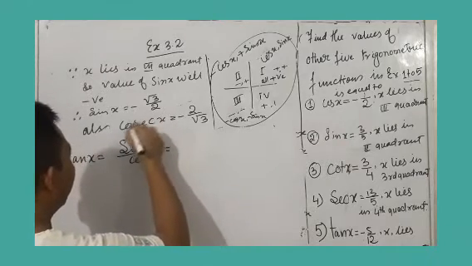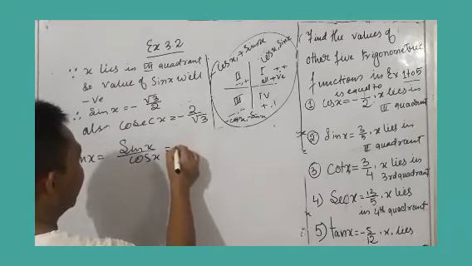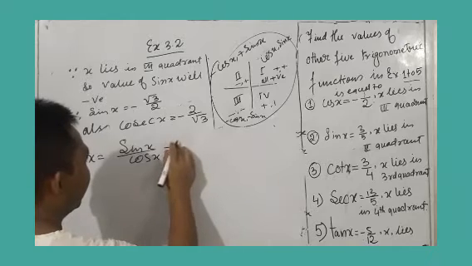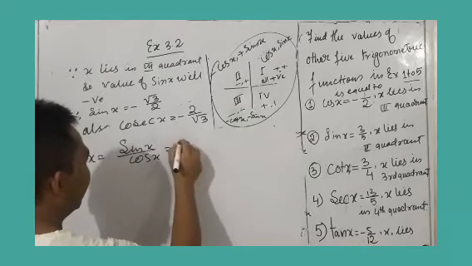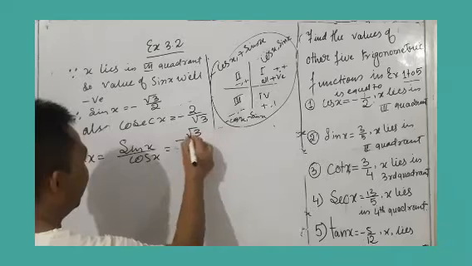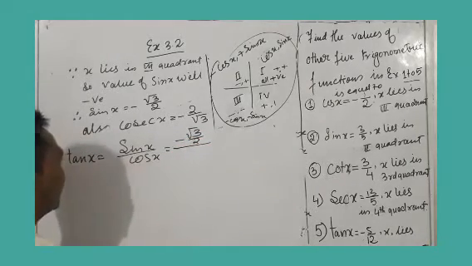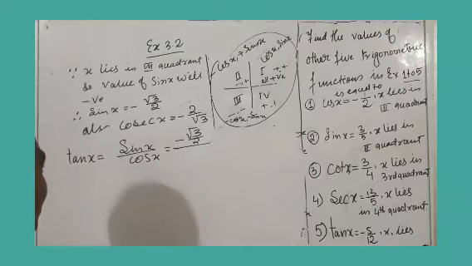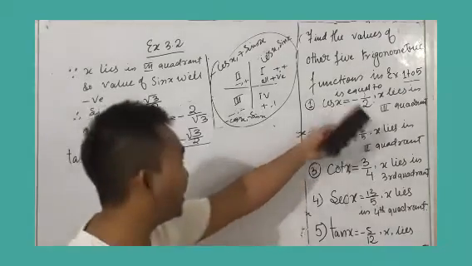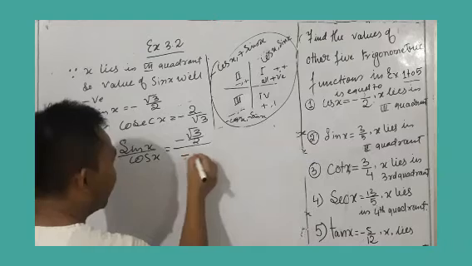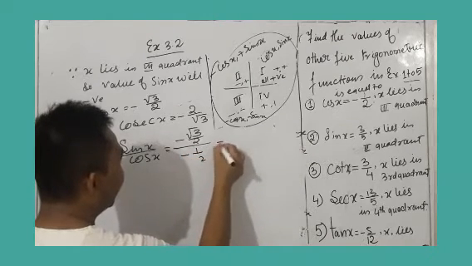Sin x is minus under root of 3 upon 2, divided by cos x. Cos x is already there, so it is minus 1 by 2. So it will be like this.